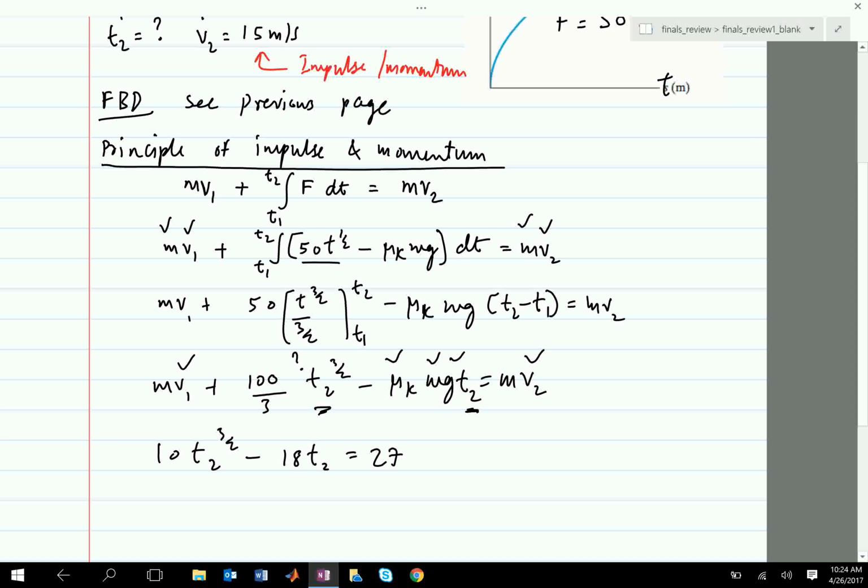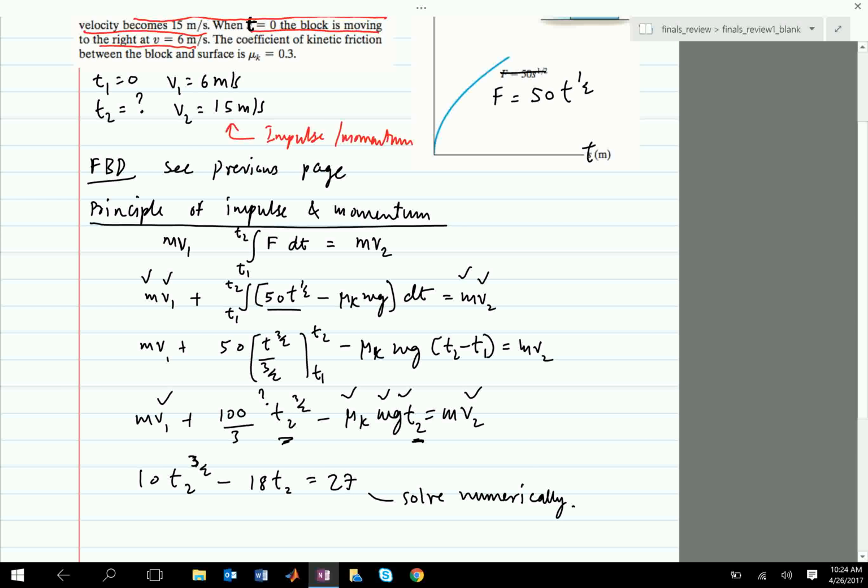The issue is the t raised to 3 by 2, and that's why it's hard to solve using a calculator. So this needs to be solved numerically.